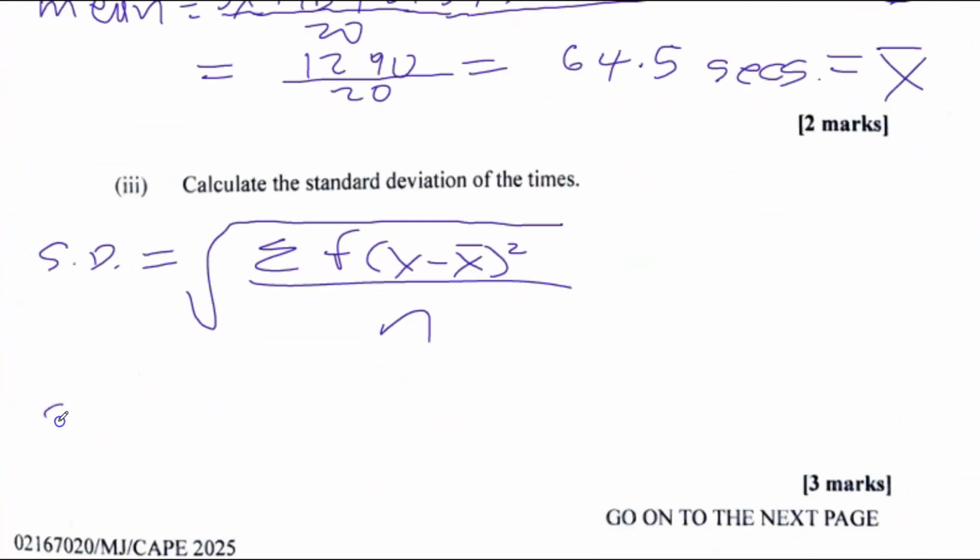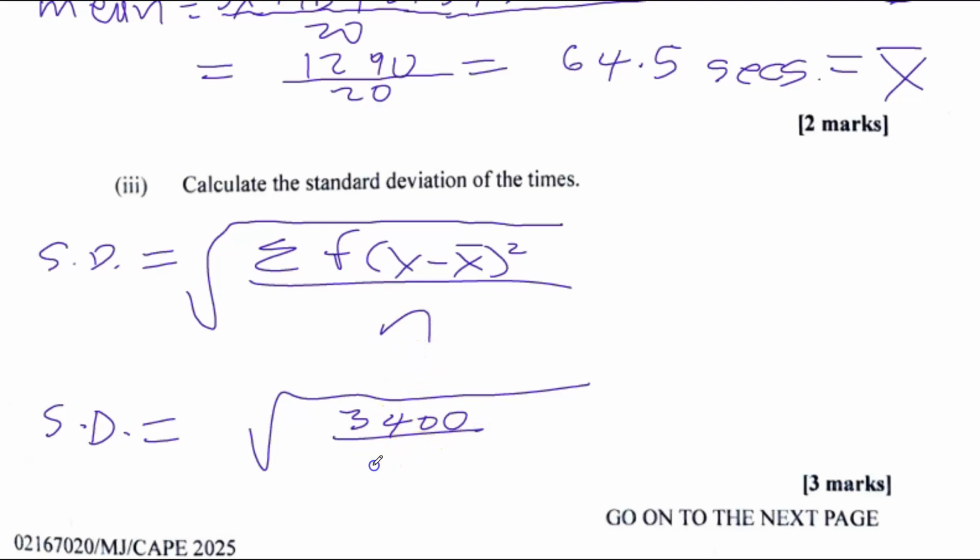Alright, this formula here for the standard deviation, the square root of the sum or total of the f times (x minus x bar) squared from the table, that's 3400 divided by n, and n was 20. So 3400 divided by 20, that's 170, and this 170 is called the variance, and the standard deviation is the square root of the variance.